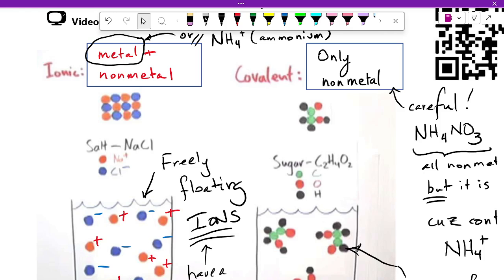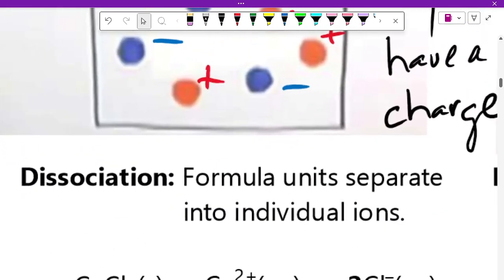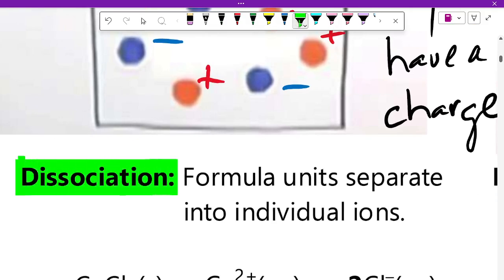And that process where the two ions separate from one another is called dissociation. And the formula units separate into individual ions. Now, what the heck is a formula unit?